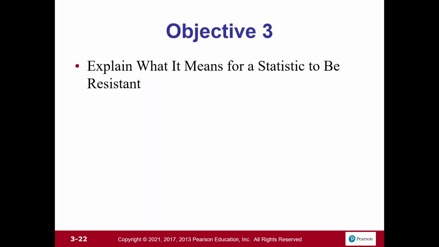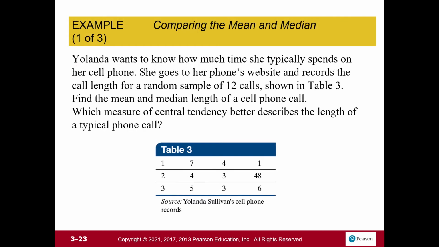All right. So for the third objective, you have to be able to explain what it means for a statistic to be resistant. And so here's a data set. Notice that one of the calls is 48.